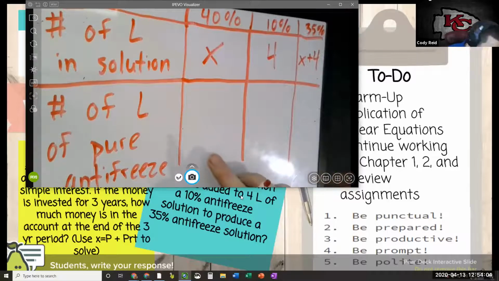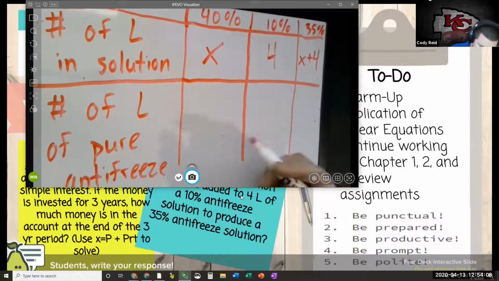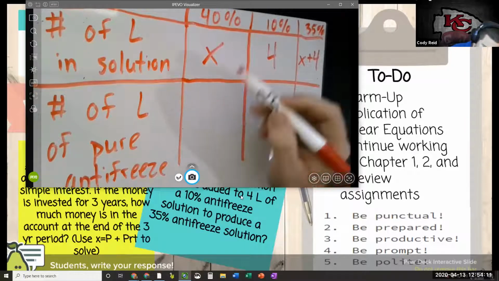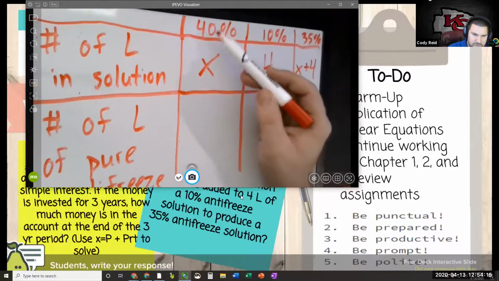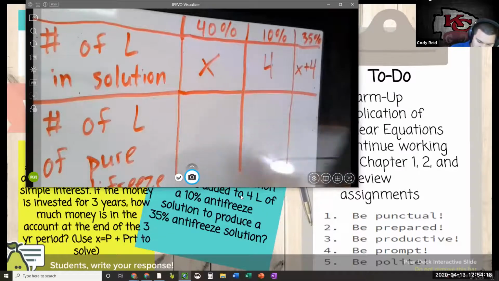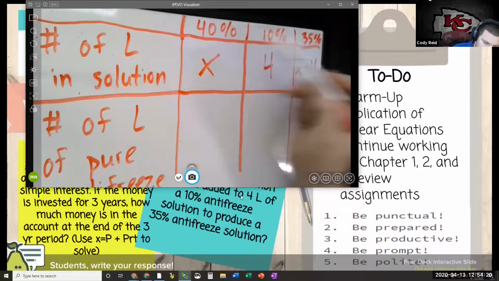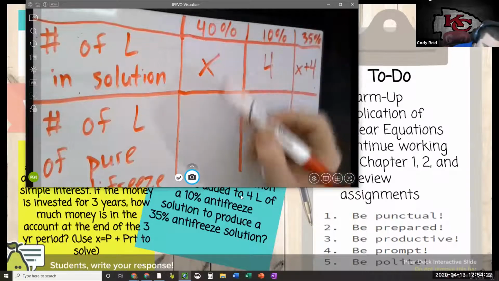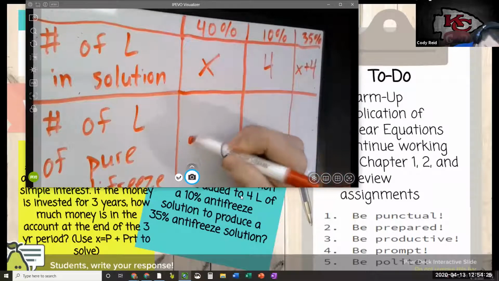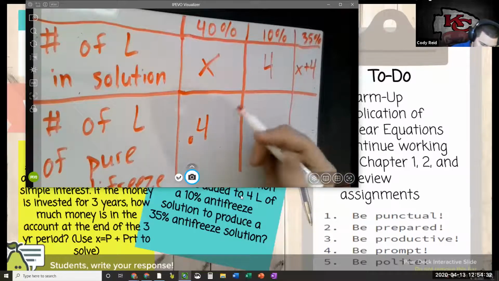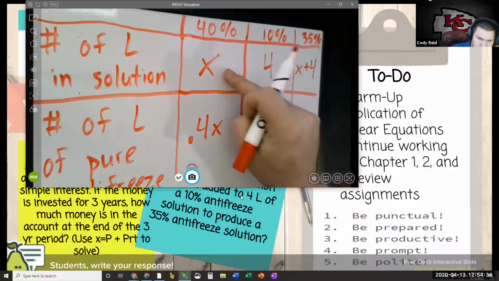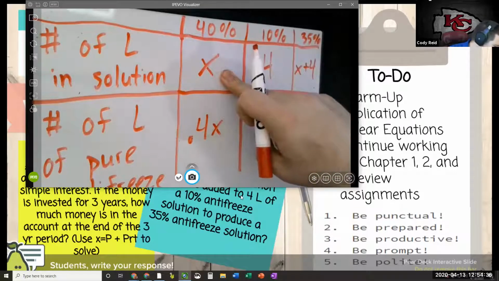And then for number of liters of the pure antifreeze, it's going to be 0.4. All of this will be used off numbers from the top. So 40%, 0.4 multiplied by how many liters we'll have.